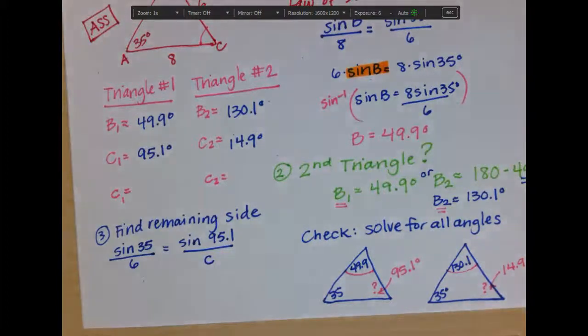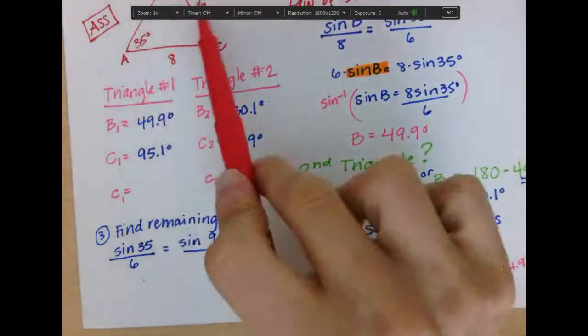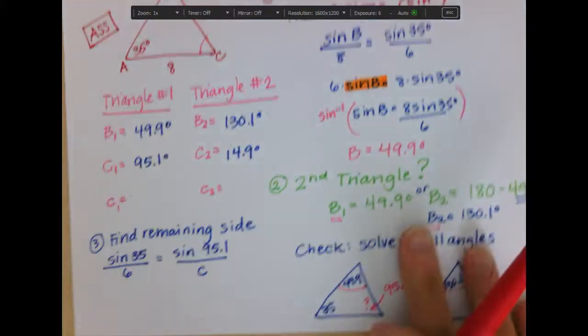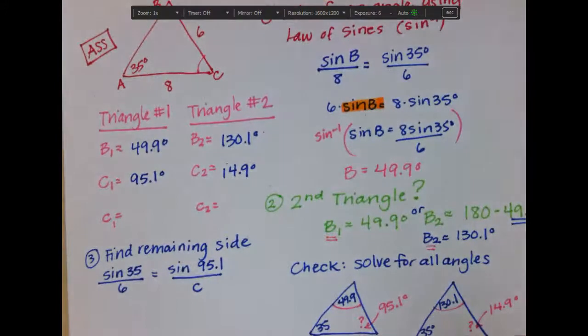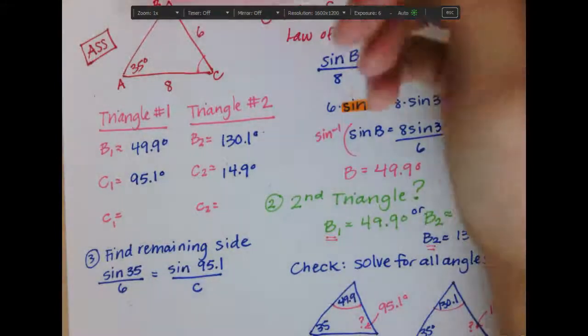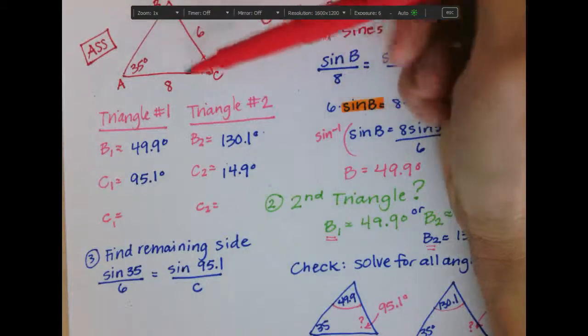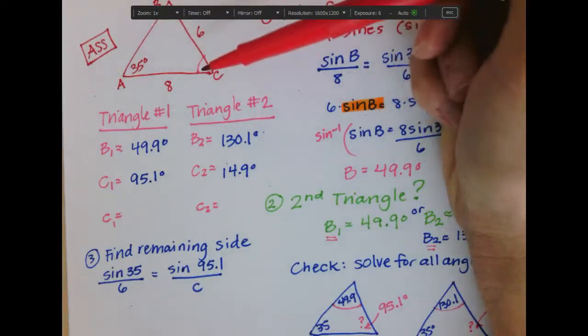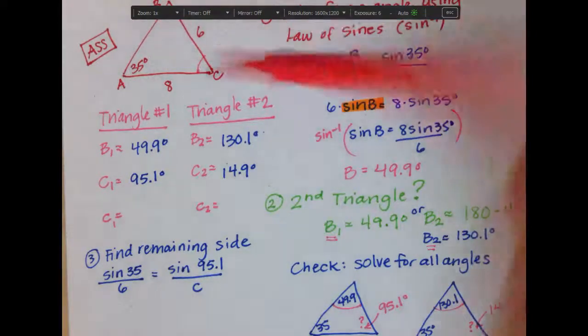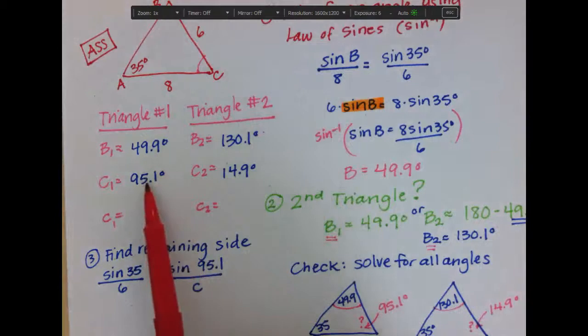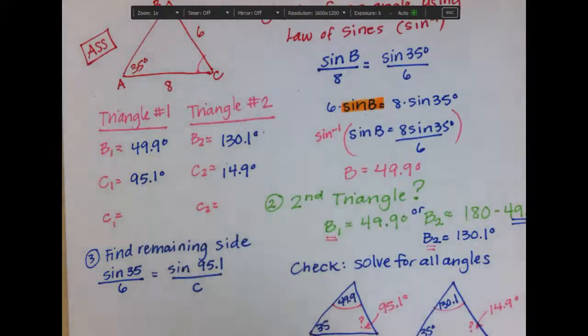So I used one ratio that was known, a 35 degree angle, and its opposite side 6. So the sine of 35 degrees over 6. And then remember I'm solving for c, so I need to use its opposite angle in my equation. And the angles for C were either 95.1 or 14.9. And either one is an option, so that means I need to find both side lengths for c under each of those circumstances.